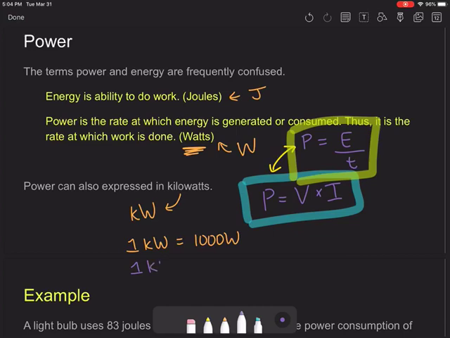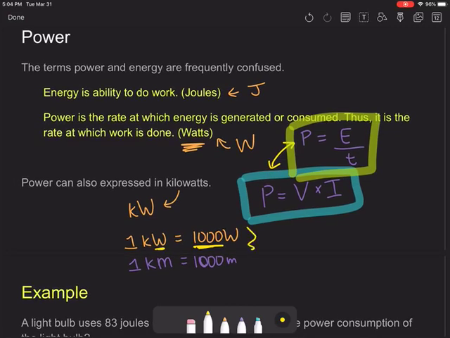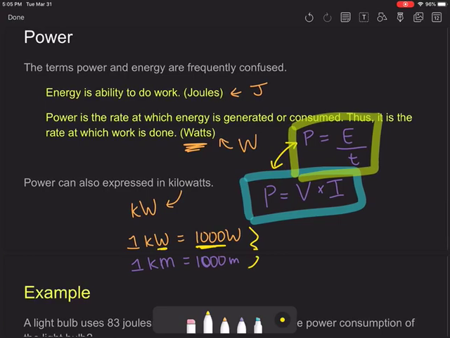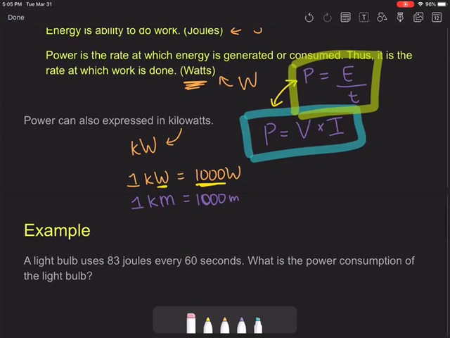If I ran 1 kilometer, that would be saying I ran 1,000 meters. Similarly, if I have 1 kilowatt, that's 1,000 watts. That's an interesting way that I like to remember it, just because sometimes it can get confusing. If that helps you too, awesome. If it doesn't, then whatever method helps you remember, great.